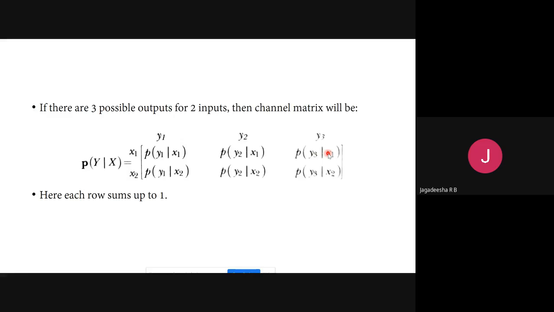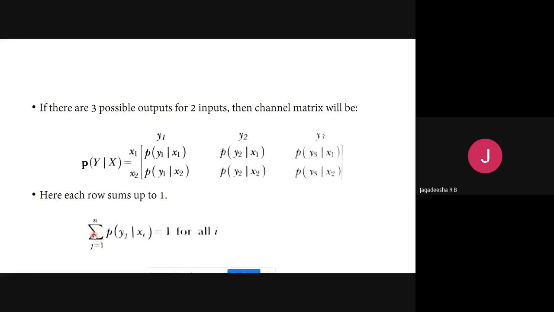And then x1 can come at the output as y3, or x1 may appear at the output as y2, or x1 may appear at the output as y1. If you sum this up, it should be equal to 1, right? Maybe this is a 20% chance, this is a 30% chance, then this should be a 50% chance. So altogether it becomes 100%, or in case of probabilities, it sums up to 1. So this is the meaning here.